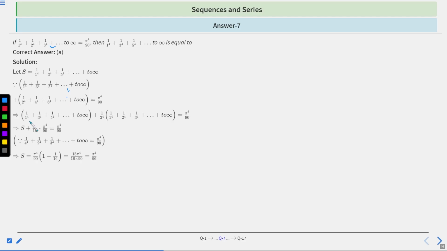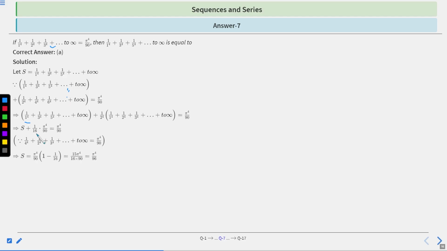Now 1 by 1 to the power 4 plus 1 by 3 to the power 4 till infinity is basically what we have to calculate. So this is S that we have to calculate. S plus, taking 1 by 2 to the power 4 as common, we get 1 by 1 to the power 4 plus 1 by 2 to the power 4 again till infinity, right? And 2 to the power 4 is 16.